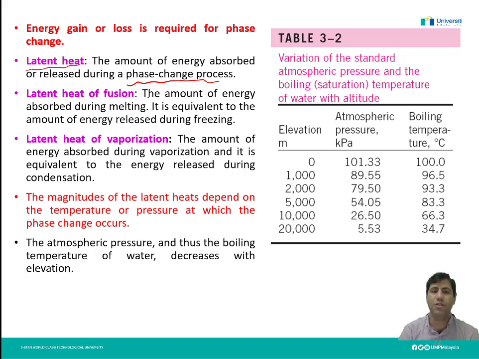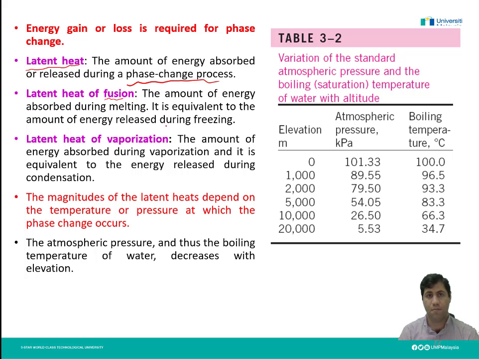Latent heat of fusion is the amount of energy absorbed during melting. So for this phase change process, melting, we have a specific name of latent heat, and it is equivalent to the amount of energy released during freezing.